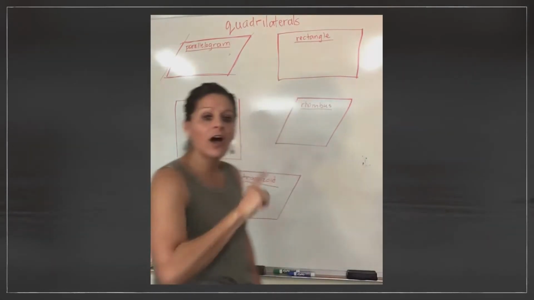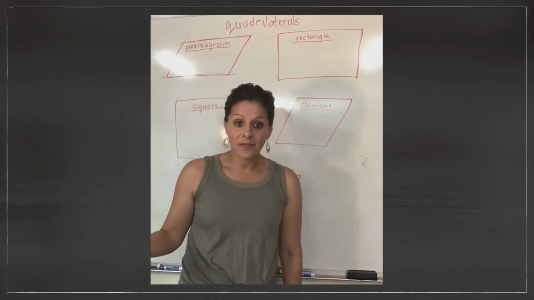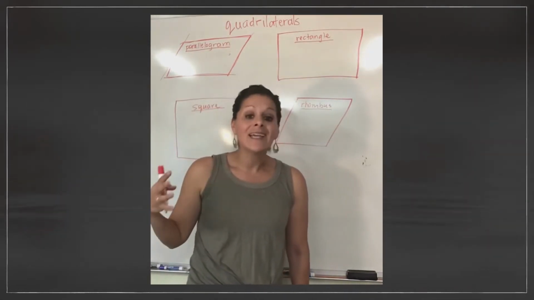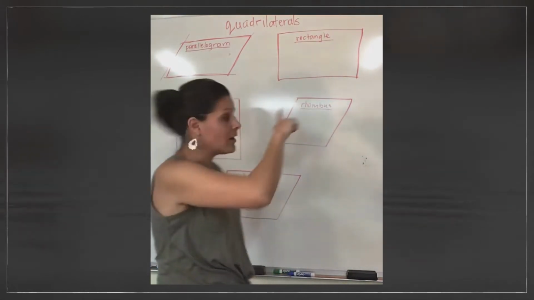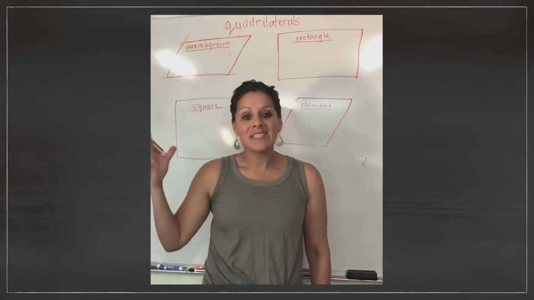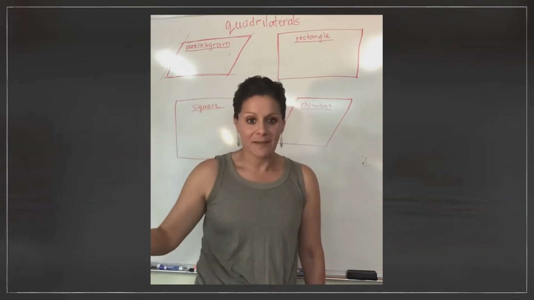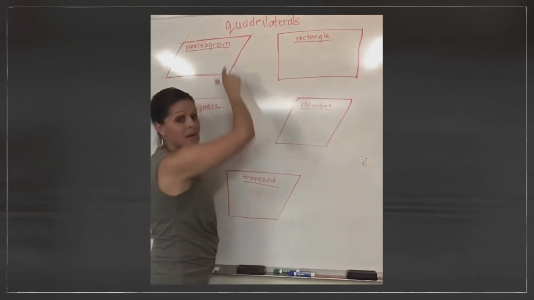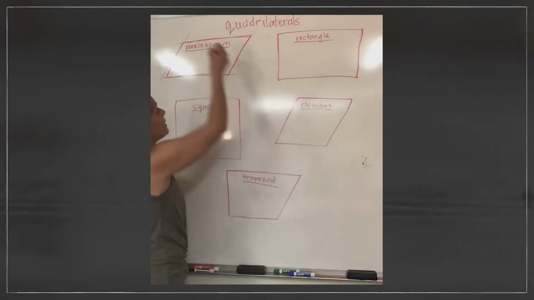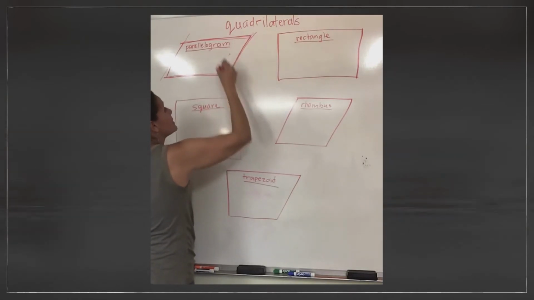For instance, all 4 of these shapes are actually called quadrilaterals. If you remember what a quadrilateral is, it has 4 sides. Well, all these shapes have 4 sides. But then they have special characteristics that give them a little bit different name. So for instance, this is a parallelogram. Now a parallelogram has parallel sides.